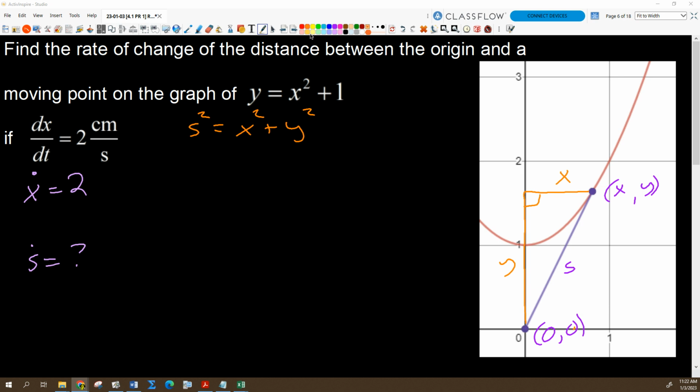The derivative of s squared is 2s times the derivative of s with respect to t, which is s dot. So this is giving me 2s s dot equals the derivative of x squared, 2x x dot, plus 2y y dot.